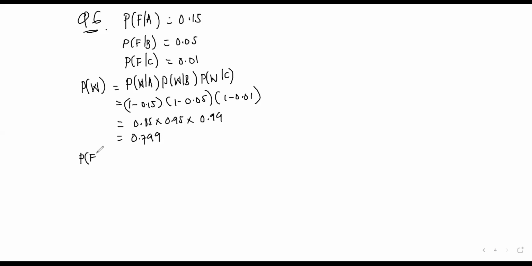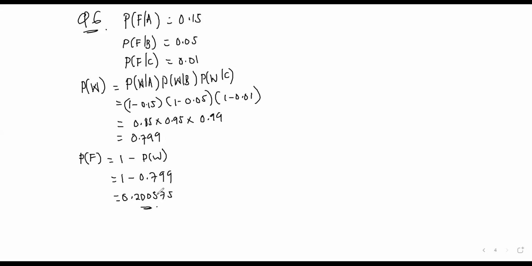Okay, so now I want the probability of it failing within 1 year. That will be 1 minus the probability of it working throughout the year. So that will be 1 minus 0.799. So this is 0.200575, like that.